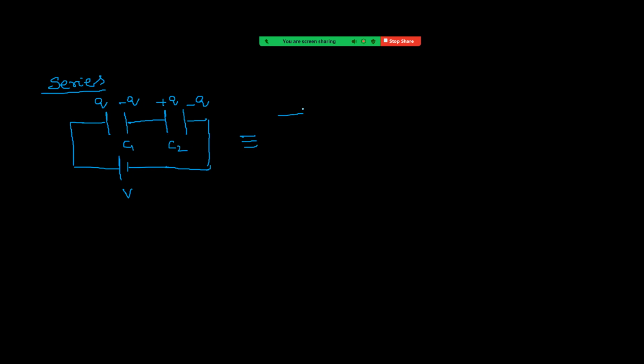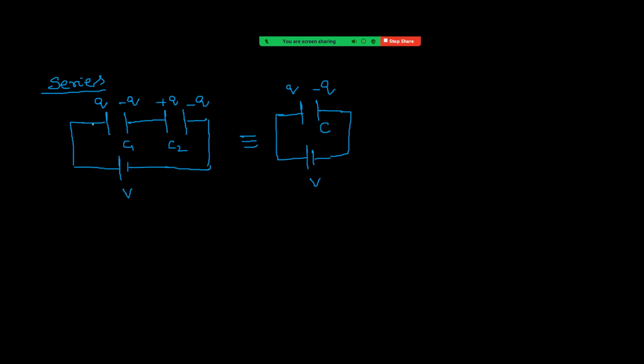I want to replace both capacitors with a single capacitor so that for the same battery, there must be the same charge Q and minus Q. So for that, what should be the capacitance? Let us see how we start.